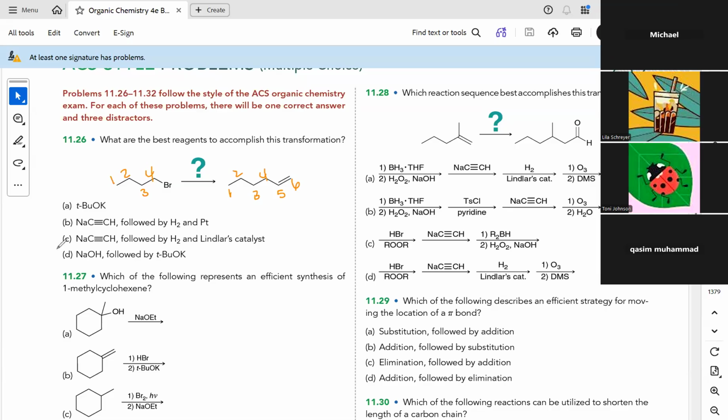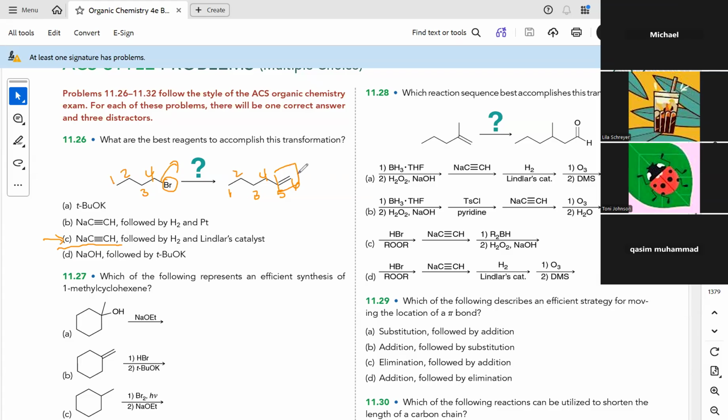So if I chose answer choice C, this sodium acetylide, that would do a substitution reaction, and we would add on to our carbon chain. This bromine would leave, and we would add on those 2 carbons, using that sodium acetylide, this carbon-carbon triple bond group here.